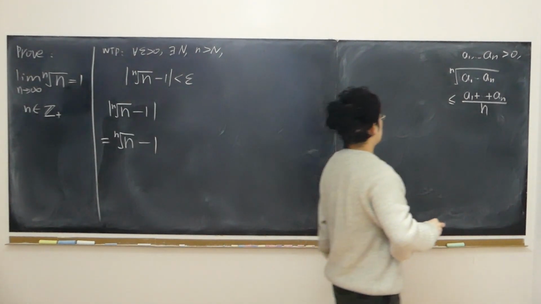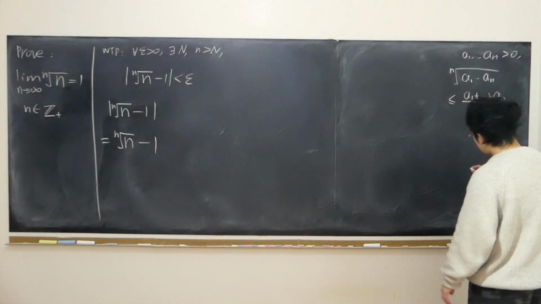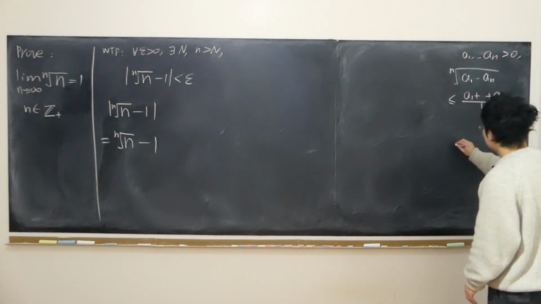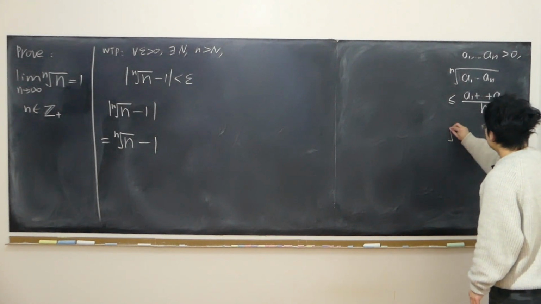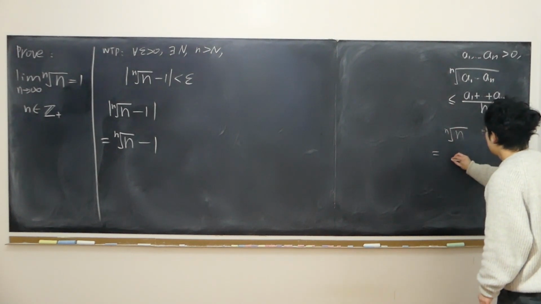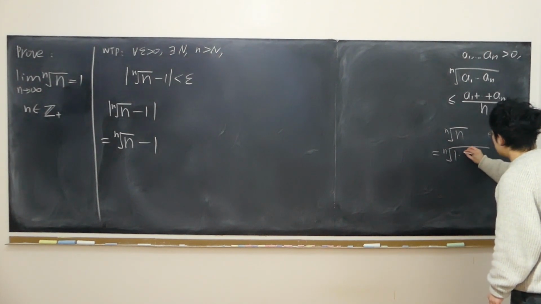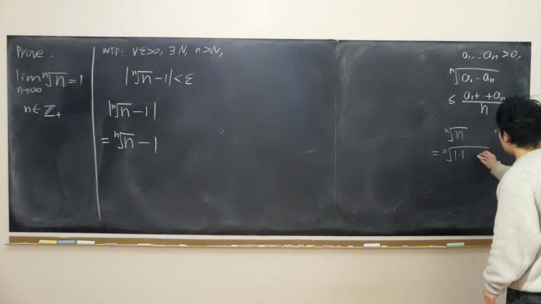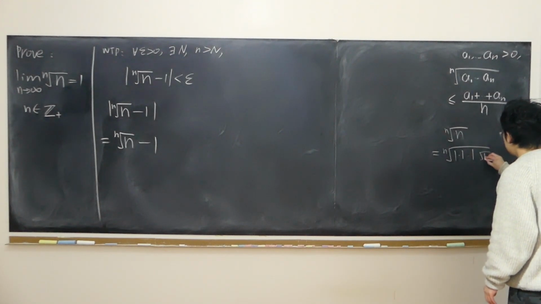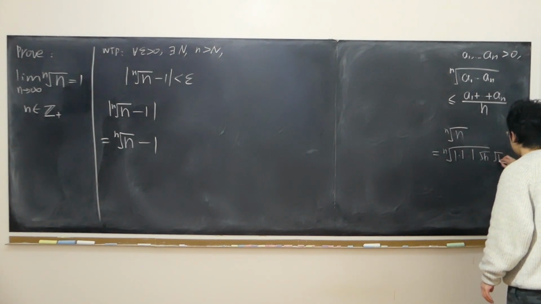In this case, what's my A1? What's my AN? In this case, I can rewrite the nth root of n into the nth root of just 1 times 1 times all the way up to 1 times square root of n times square root of n.